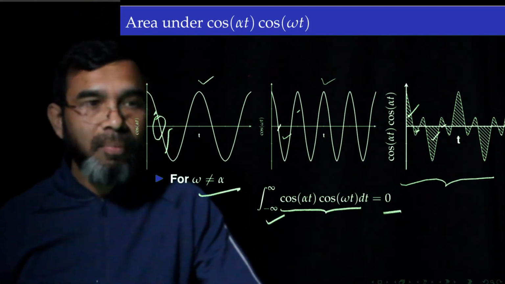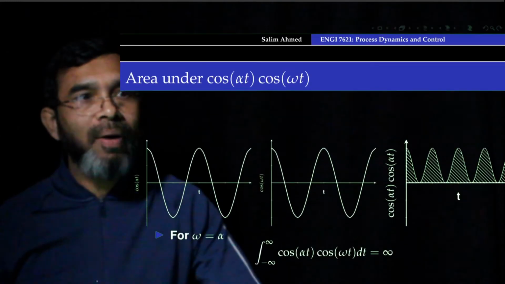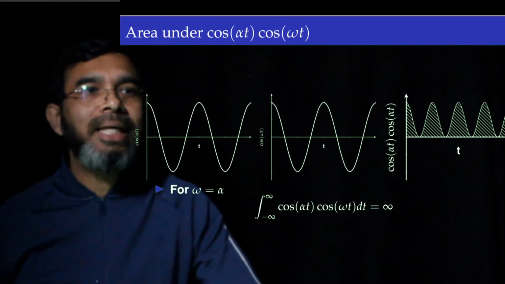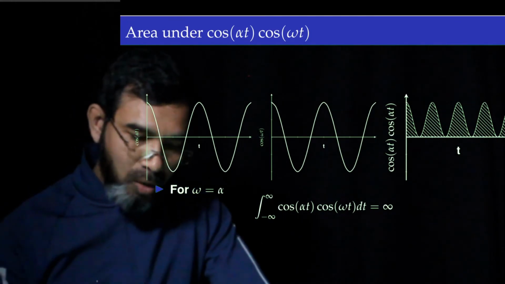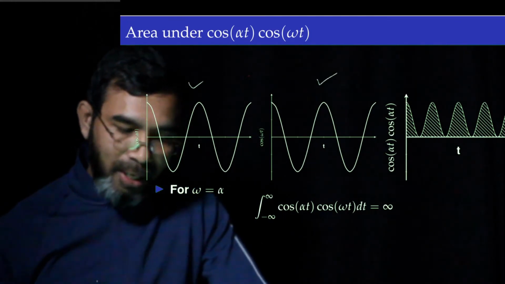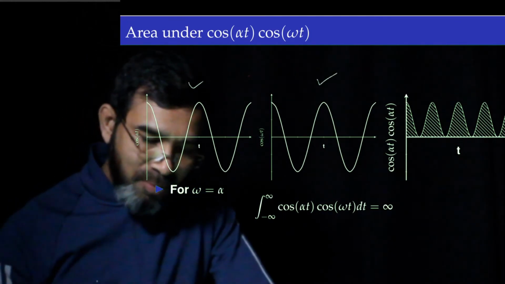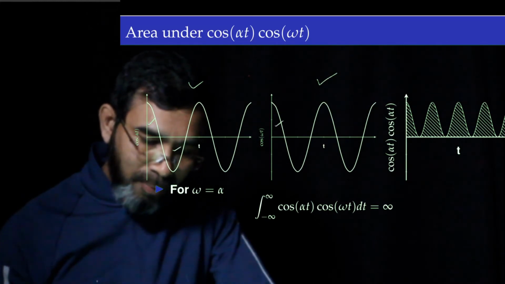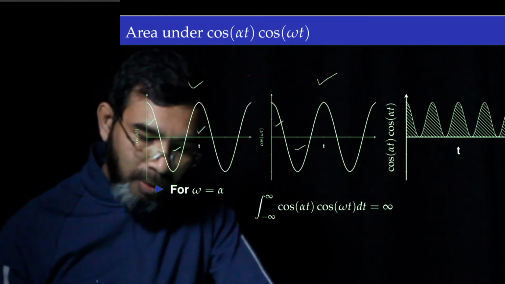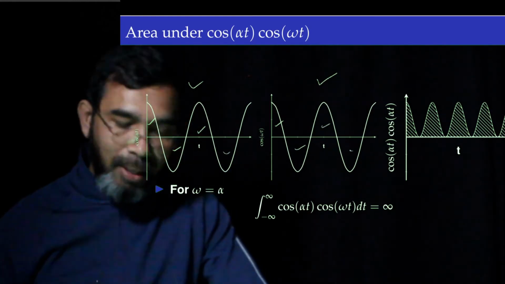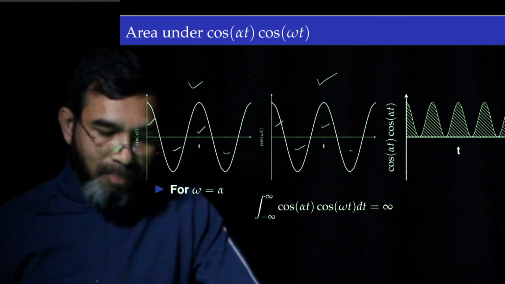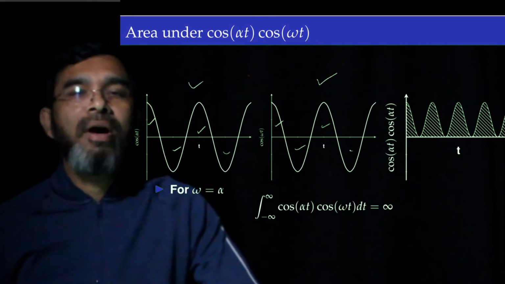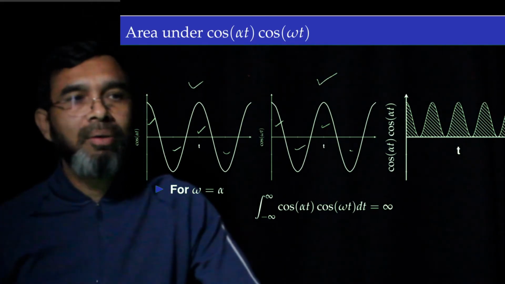Okay, now what happens when omega equals alpha? In this case you can see that cosine alpha t and cosine omega t have values that are positive, positive, negative, negative, positive, positive, negative, negative, meaning that when the function is positive, the weighting function is also positive, and when the function is negative, the weighting function is also negative.